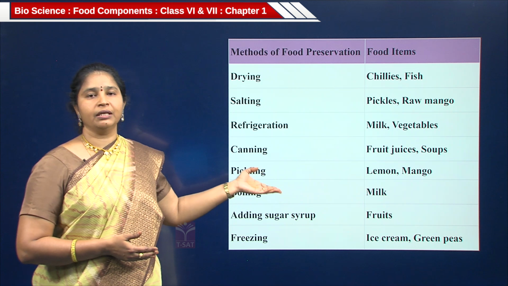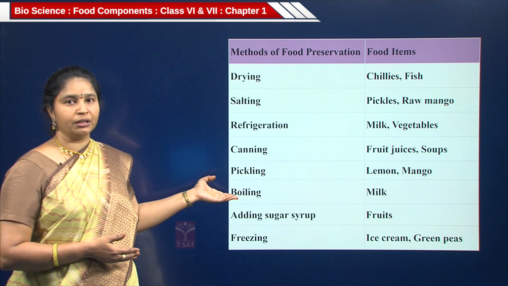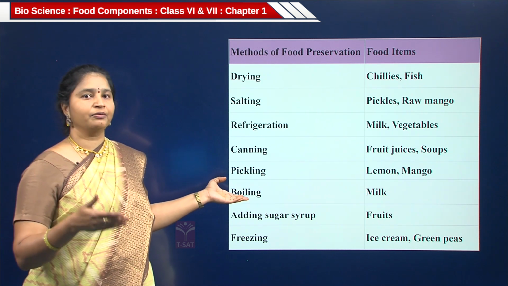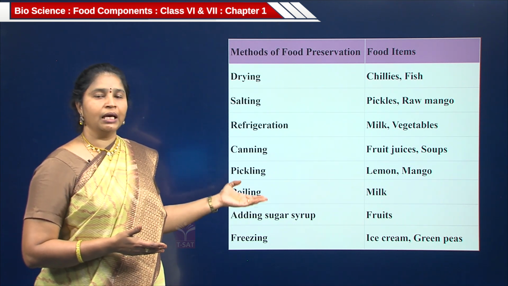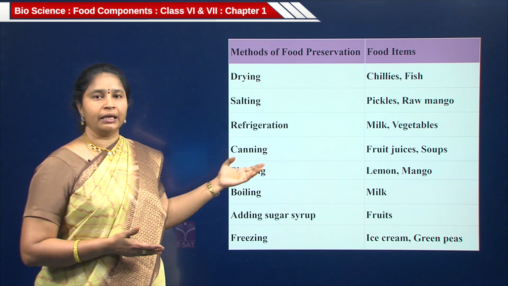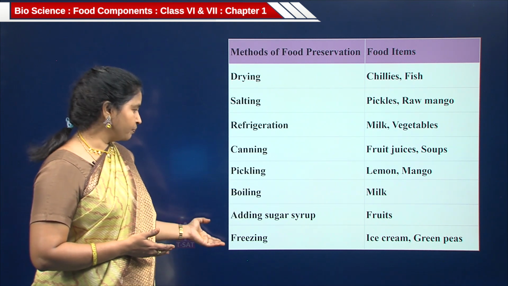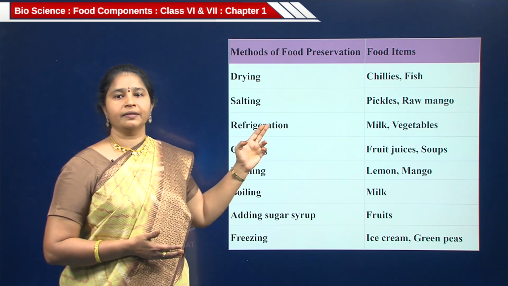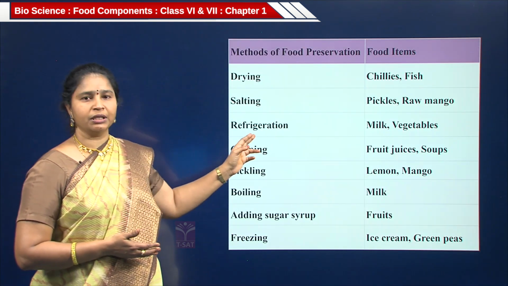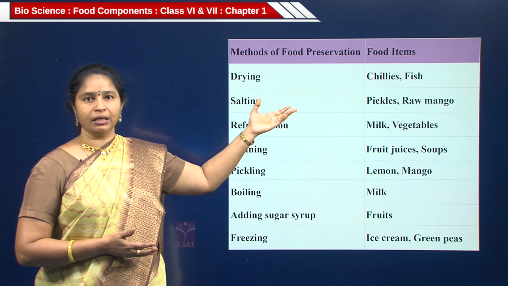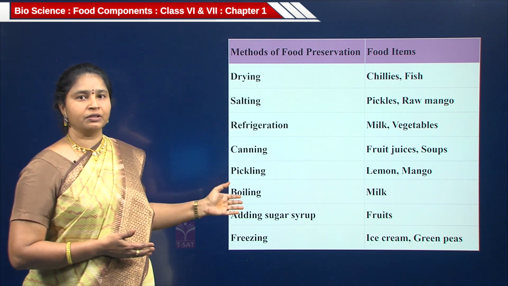By boiling we kill the microbes in the milk, so the shelf life of the milk increases. Adding sugar syrup: we make fruits into jams by adding sugar syrup. Freezing: ice cream and green peas. Not only these food items, there are some other food items. You can give some examples for these preservation methods.